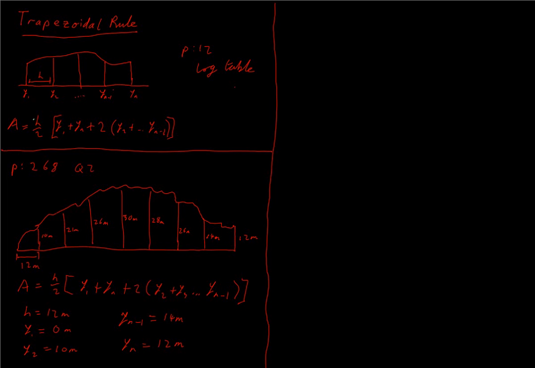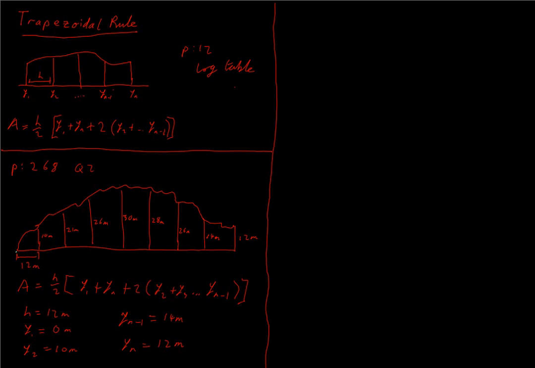We have y1. Now y1 is the height at the very beginning of our curve. So this is our line that we're measuring from, and y1 is the length up from our measuring line up to our curve. So this would be y1.